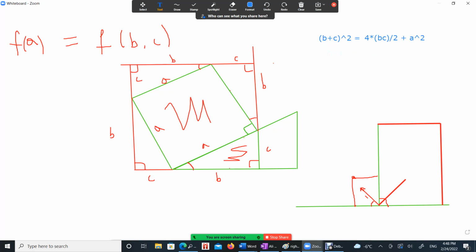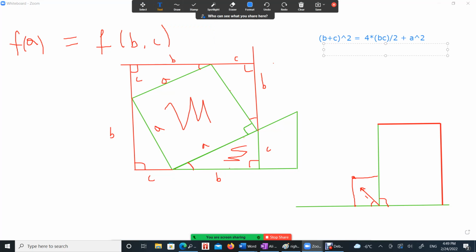Let me see here. Let's try to do the text again.